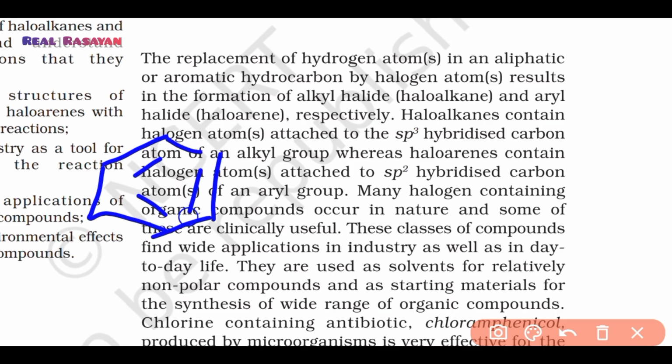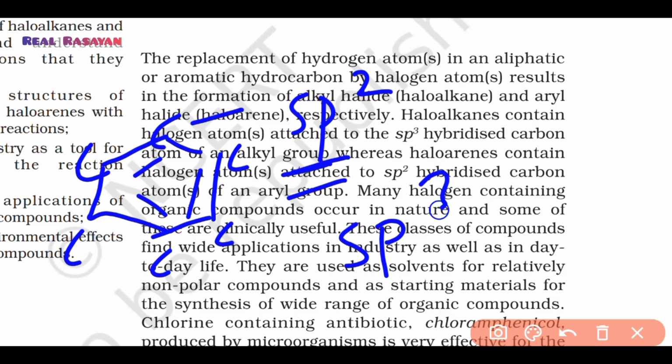But if we talk about benzene, there are 3 double bonds on alternate positions. So each carbon in benzene is sp2 hybridized. Now the point from here is: out of the sp3 or sp2 hybridized carbon, which one is more electronegative? The point to remember here is the electronegativity of carbon regarding its hybridization.